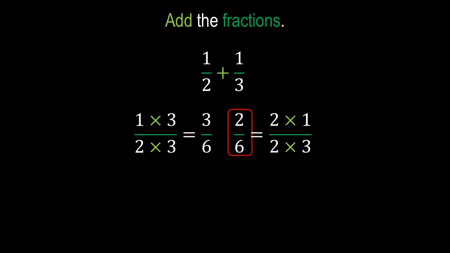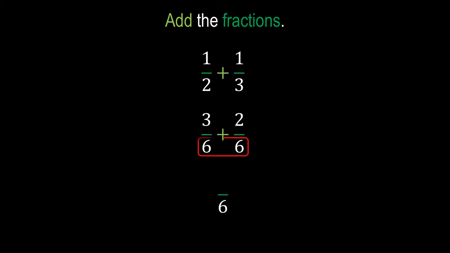So 1/2 plus 1/3 is the same thing as 3/6 plus 2/6. Now these two fractions have the same denominator, so keeping the denominator in the sum and adding the numerators, we get the final answer, which is 5/6. So 1/2 plus 1/3 equals 5/6.